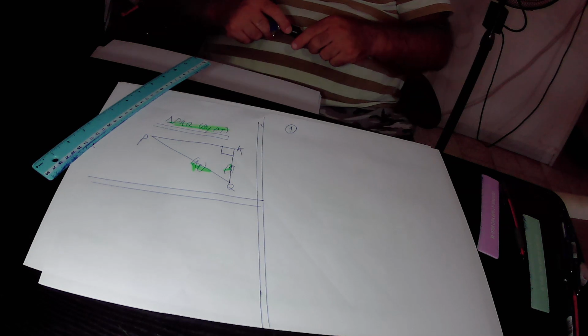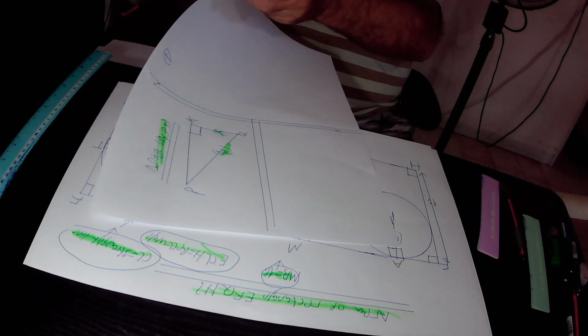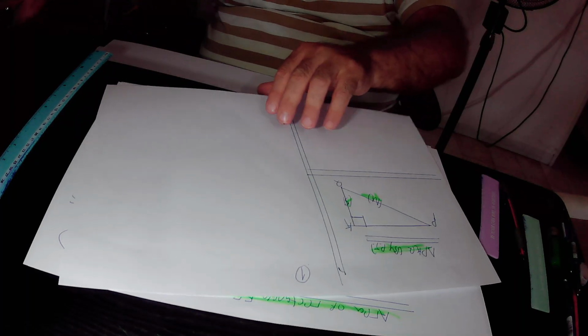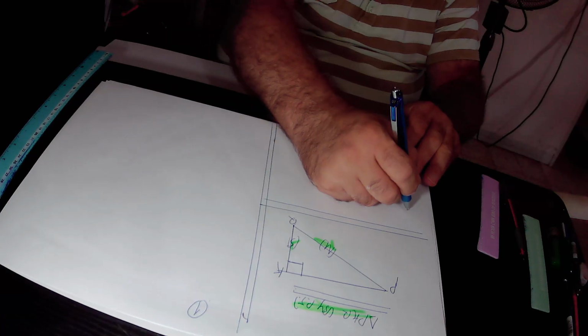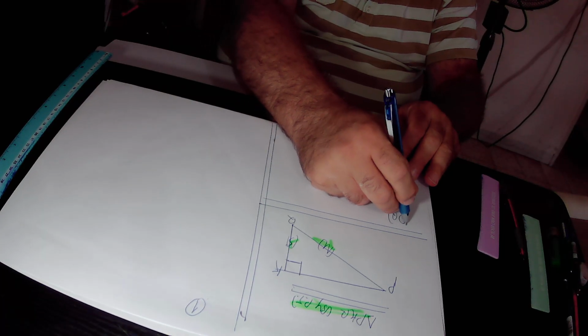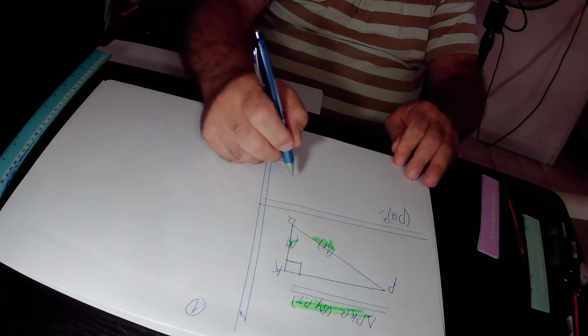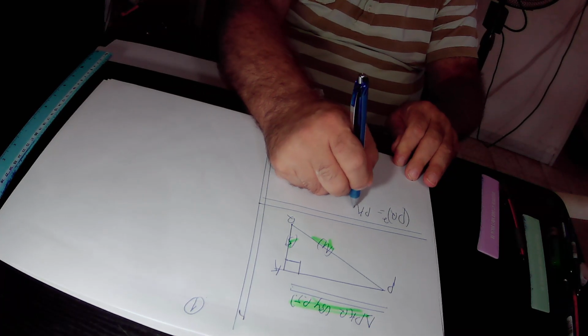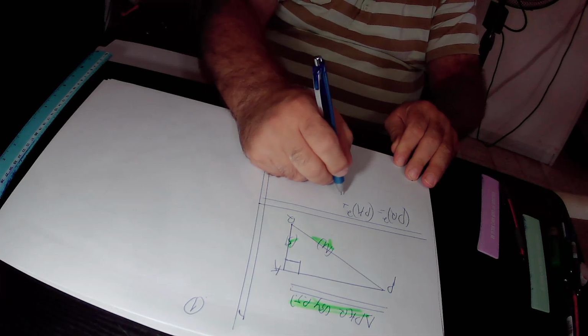So I write it down. PQ squared, that is the square of the hypotenuse, equals PK squared plus KQ squared.